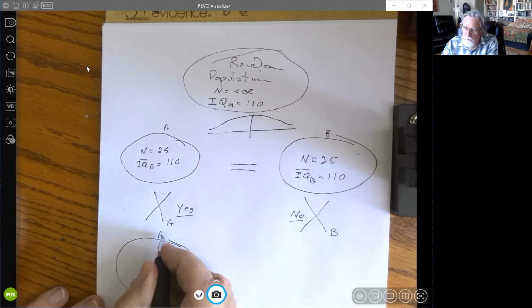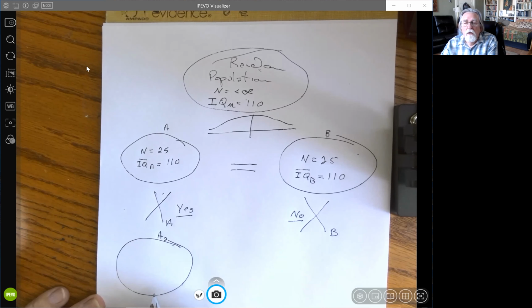And so this becomes the second iteration of A. And we find that now we still have 25, and we assume that after we measure their IQ the second time, we realize that it has gone up to 115 on average.